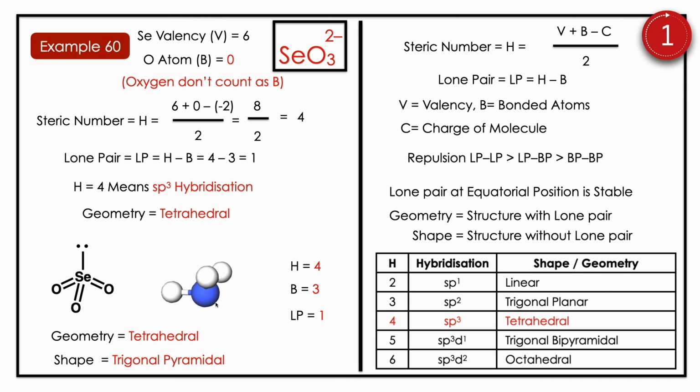Geometry is tetrahedral. So one lone pair in the tetrahedral system. So selenium in the middle, oxygen at the bottom. Lone pair is not visible, so it will be like a pyramid. Selenium at the top of the pyramid, oxygen occupies the bottom. So the shape of SeO3 2 minus is trigonal pyramidal.